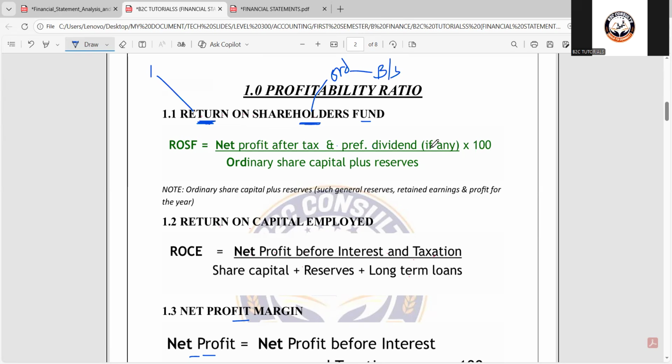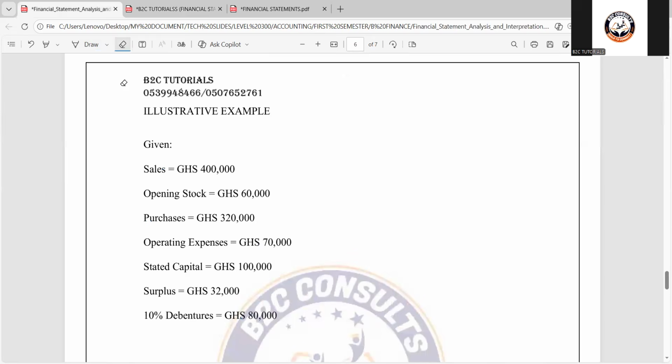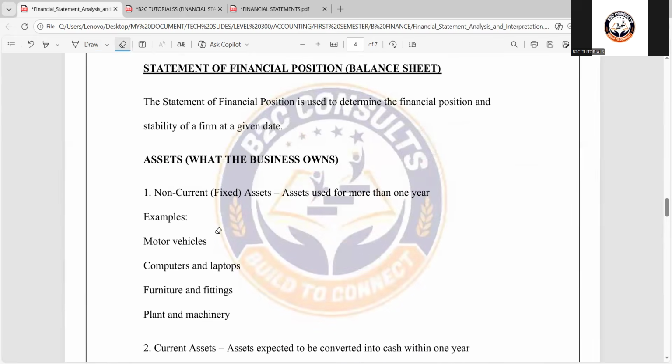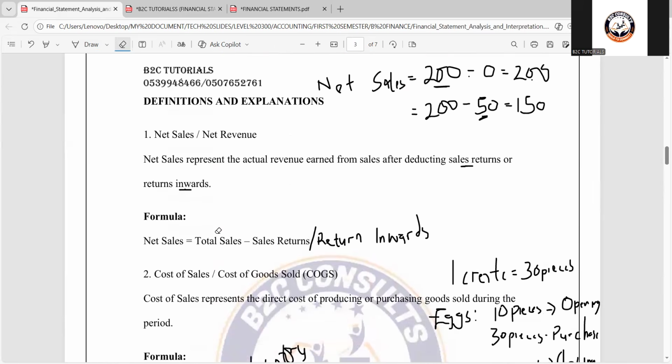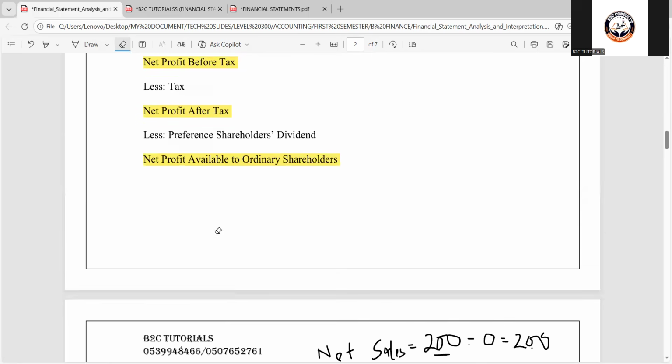So you see that in our statement, I told you that net profit available to ordinary shareholders is after your profit after tax and you less the preference dividend. So normally, it is this profit that we use, the net profit available to ordinary shareholders.